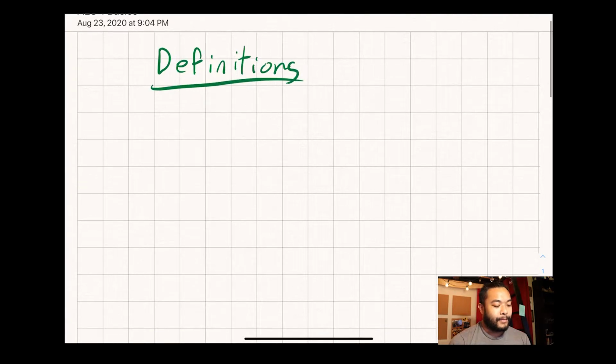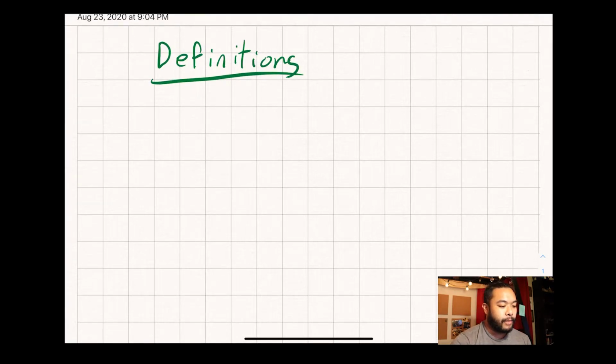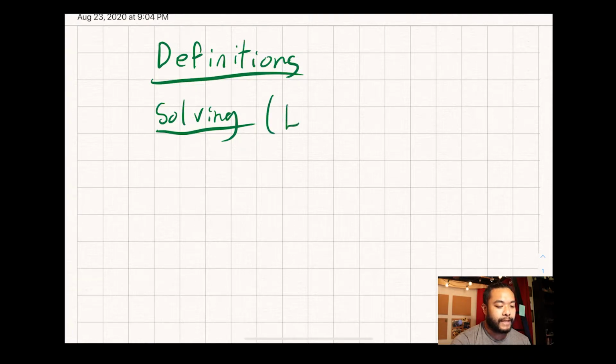Definitions. The first would probably be solving. So this word, solving, we could see this in many ways. Sometimes it's written as evaluate, or maybe find the number.